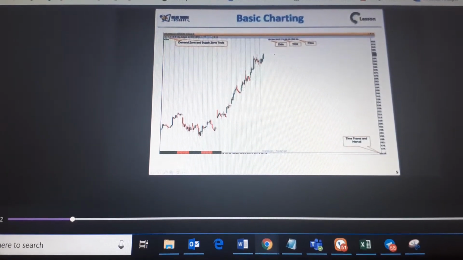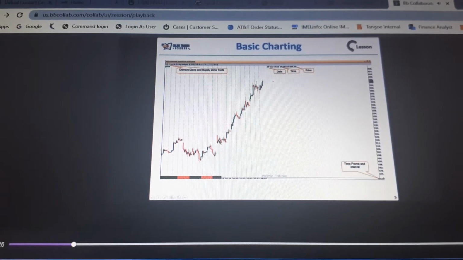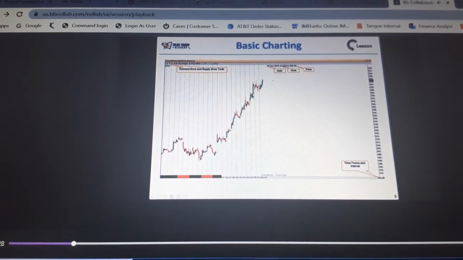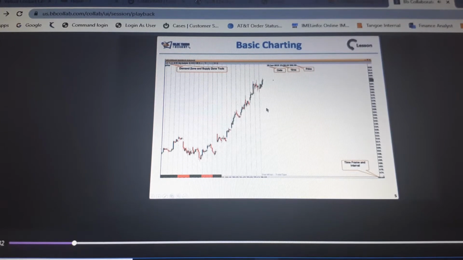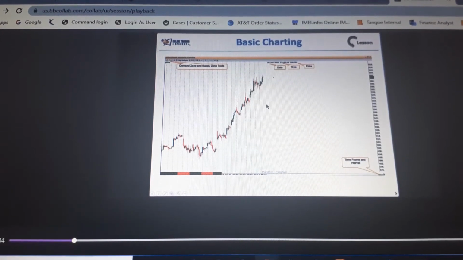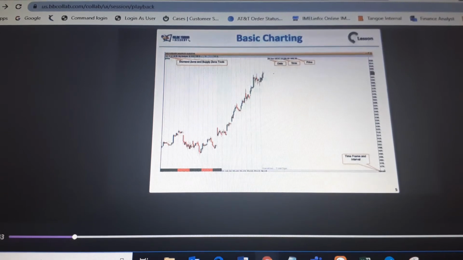Green and red candles, everybody. Can you see all these green and red candles? So these are filled orders, because at every time, no, I cannot zoom this. There is a button on your left hand side corner. If you want to zoom, you can zoom it through that.